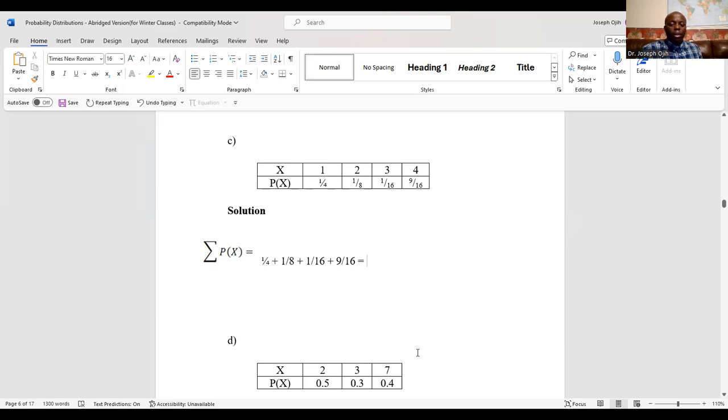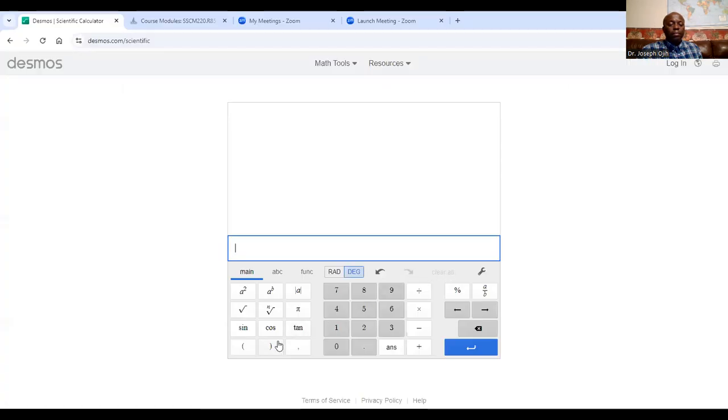Going to our calculator, we're going to have this there. We got 1 over 4 plus 1 over 8, plus 1 over 16, plus 9 over 16.